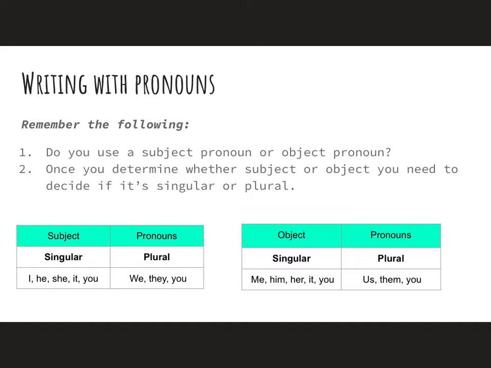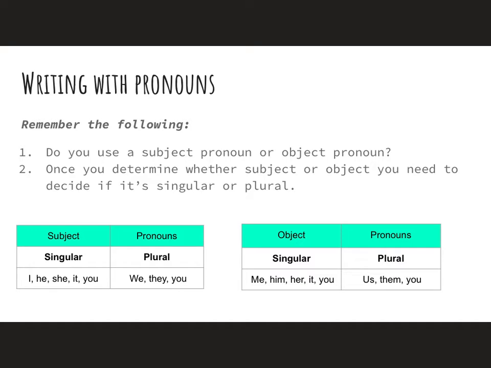Okay, writing with pronouns. You need to remember the following. 1. Do you use a subject pronoun or an object pronoun? Remember, the subject pronoun is replacing the subject part. Object replaces the direct object. 2.